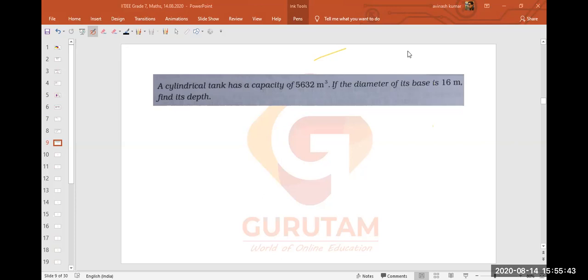So I think the radius is 8 meters. So yeah, the height is equal to 28 meters. Correct? Right, correct.